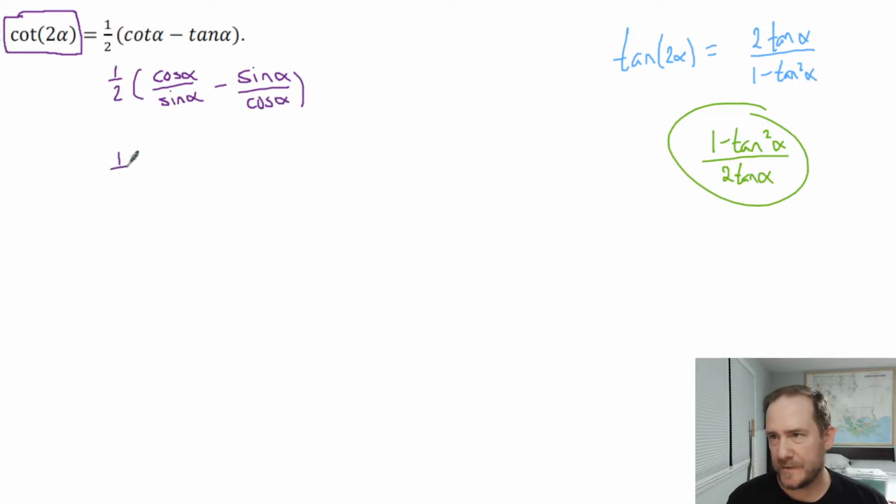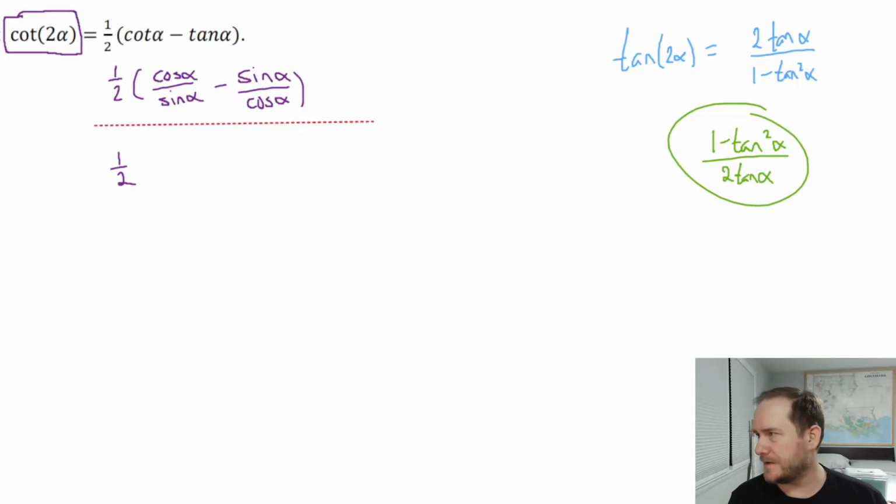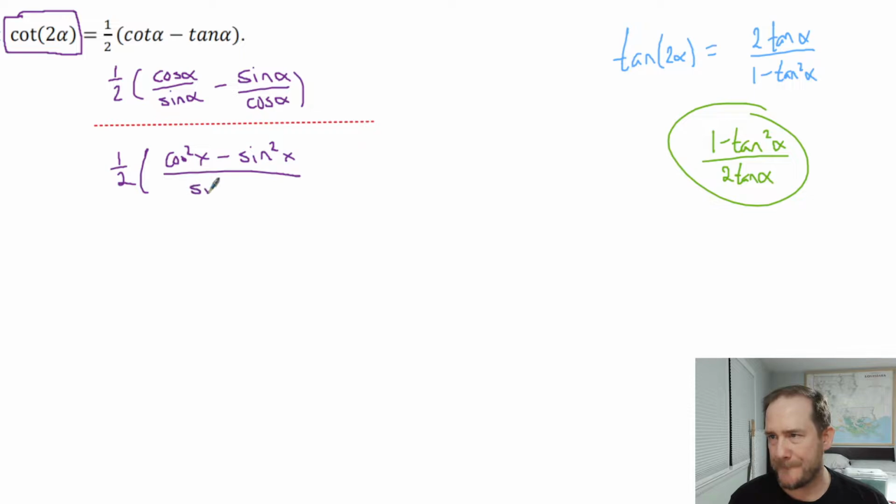If I generate a common denominator, I'm supposed to switch colors. You know what? I'm not going to switch colors. Stick to one color, but we'll put a little line. That line tells me we're starting a new line. Alright, if we get a common denominator, then we're going to be looking at cosine squared minus sine squared all over sine cosine.